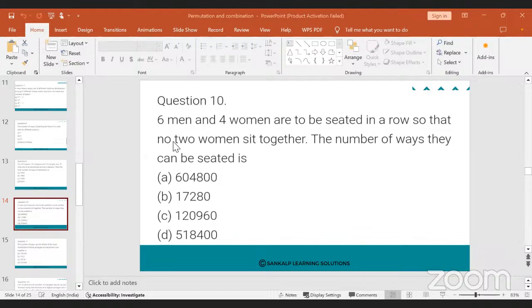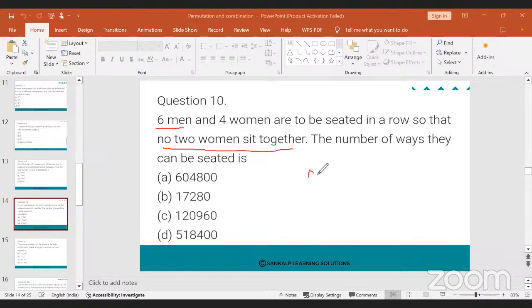Here the condition is given that no two women can sit together. 6 men and 4 women have to be seated. So first calculate how the 6 men can be seated.